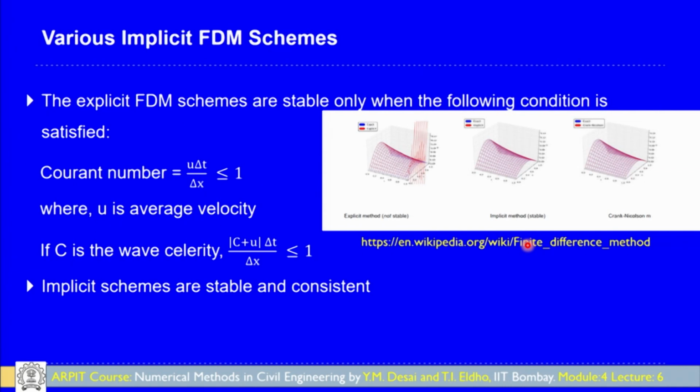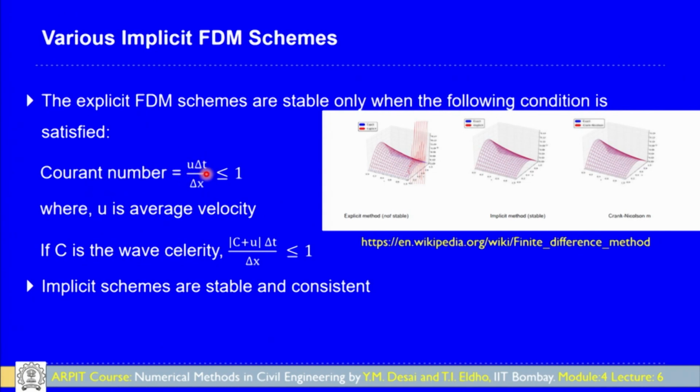Now we will further discuss the implicit finite difference scheme. We have already seen that explicit finite difference schemes are stable only when certain conditions are satisfied. The space discretization and the time discretization should be small to get a satisfactory solution using the explicit scheme. We have a condition called the Courant number.